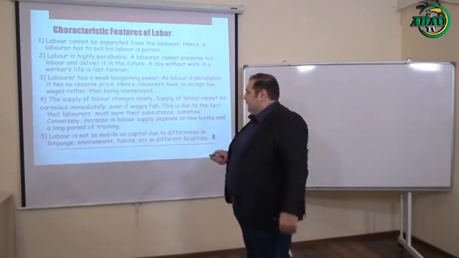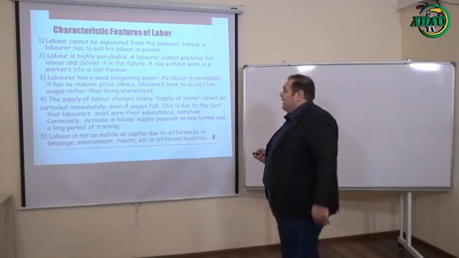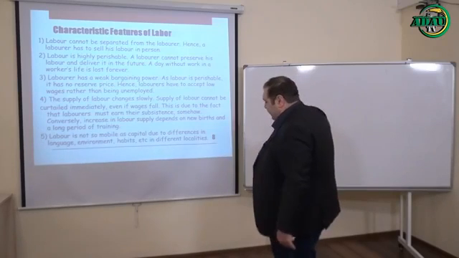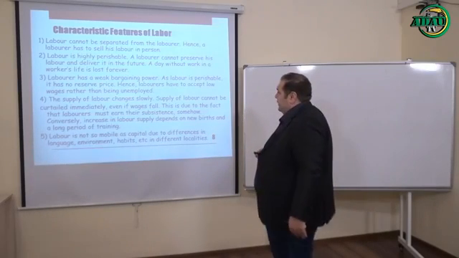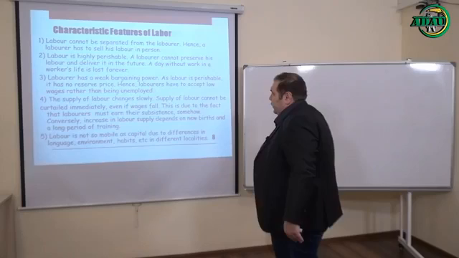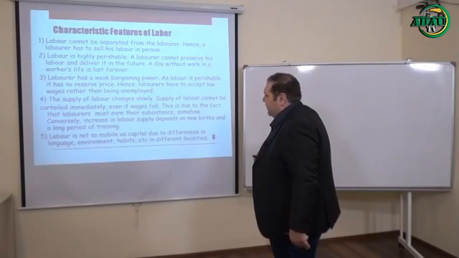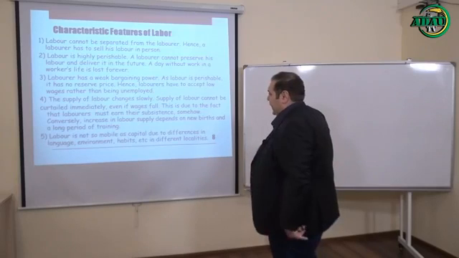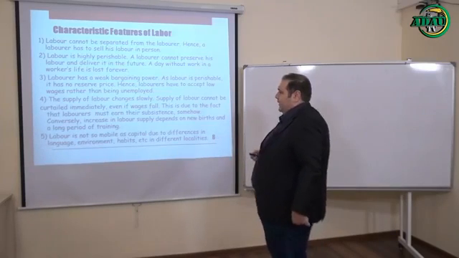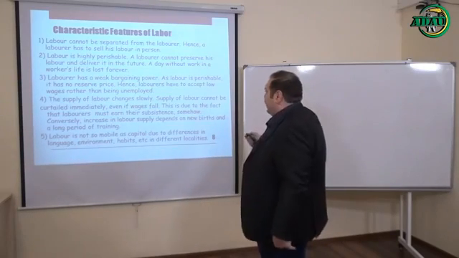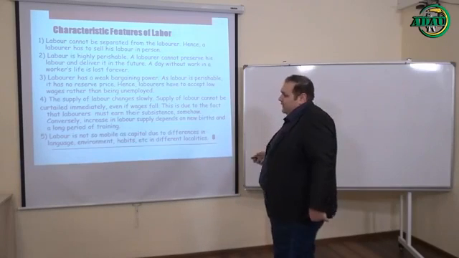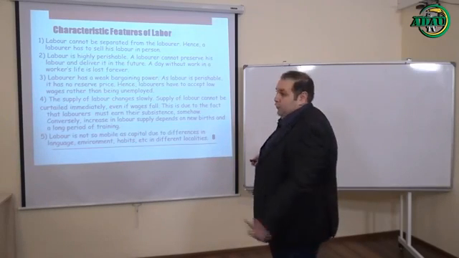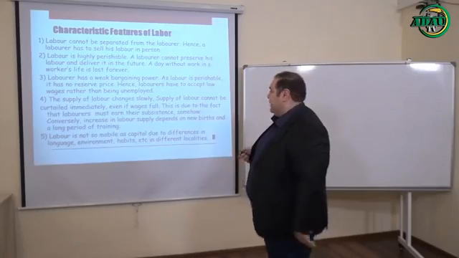So, for example, you are a teacher, and if the wage is low, in order not to be unemployed, you can accept a low wage as well. You can work in other places. So the laborers have to accept the low wages in order to avoid unemployment.